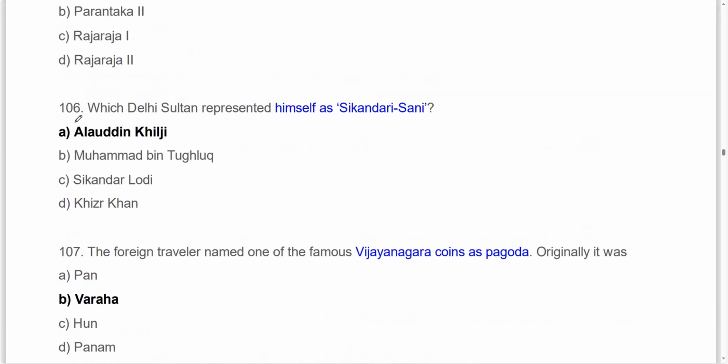Moving on, which Delhi Sultan represented himself as Sikandar-i-Sani? Alauddin Khilji, the Delhi Sultanate ruler, portrayed himself as Sikandar-i-Sani. He wanted to inculcate the character of Alexander in himself, to be a second Alexander.